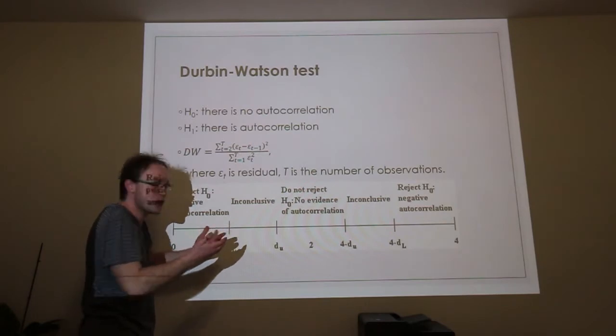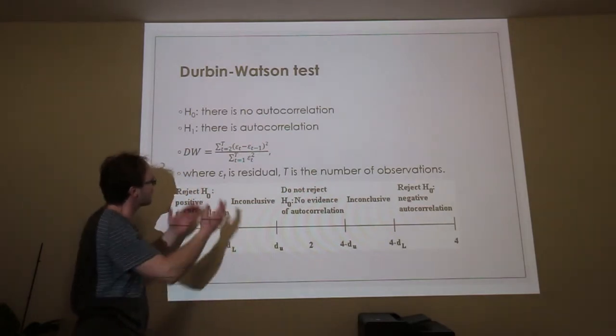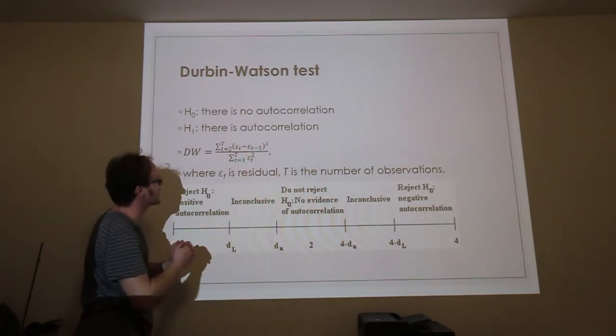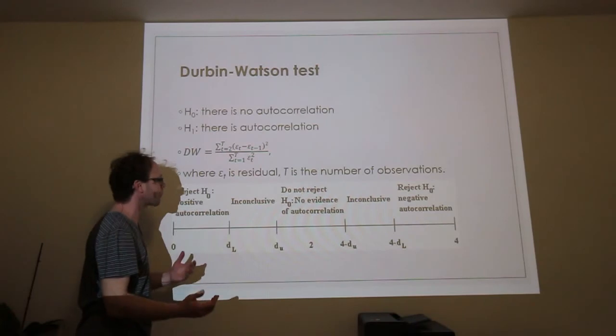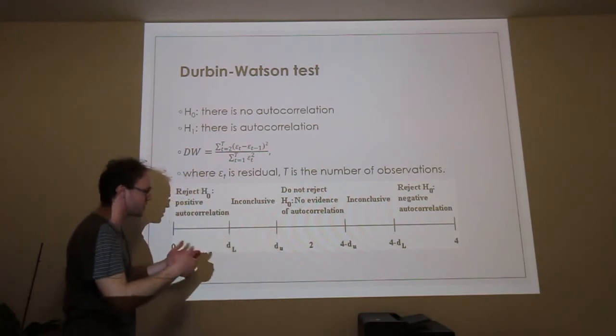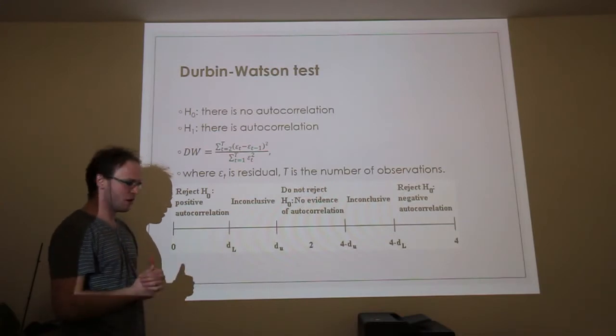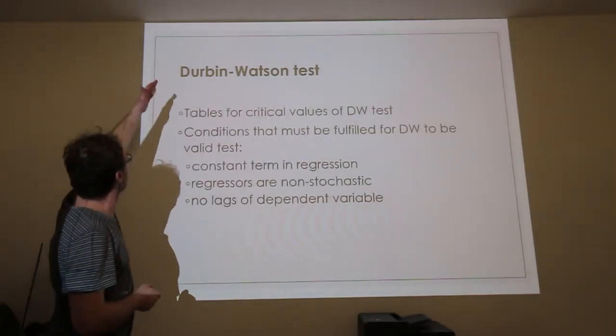So we don't know. These bounds are different according to the level of significance, the size of the time series, the number of observations, and the number of parameters in our model. We can find these bounds in the table.